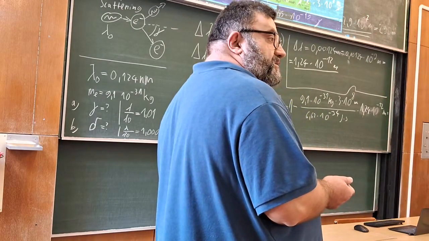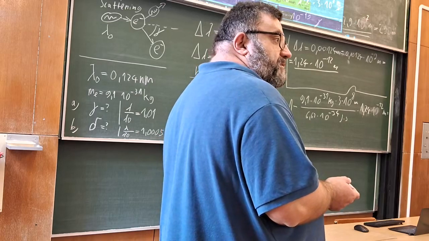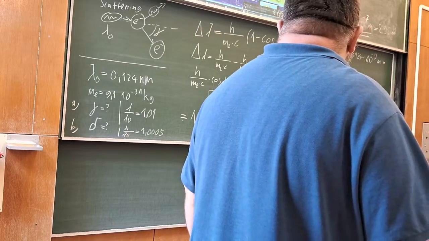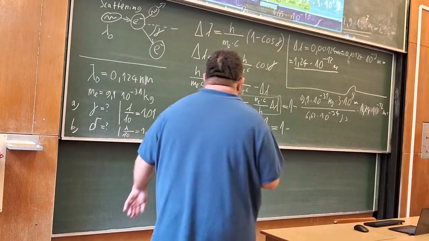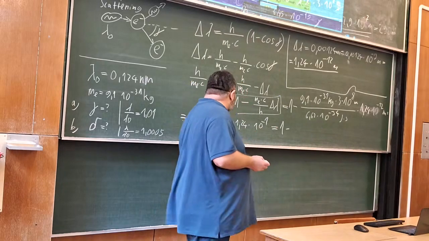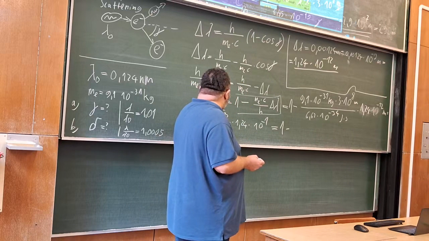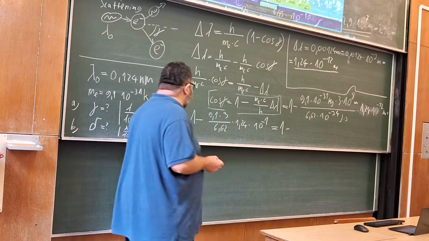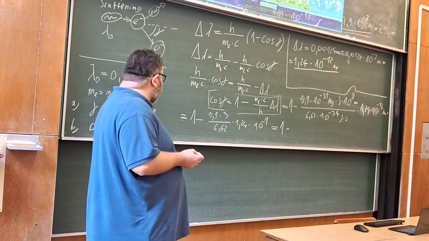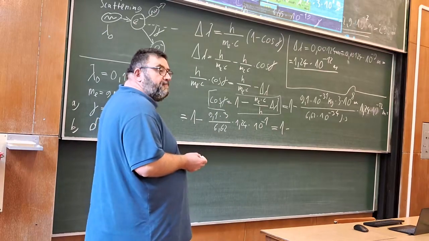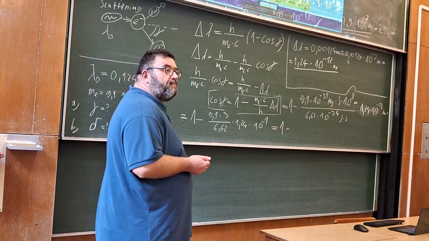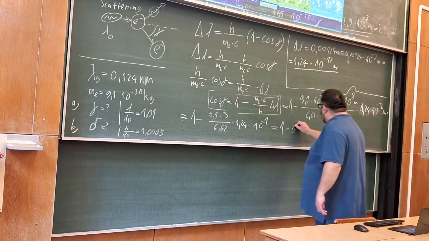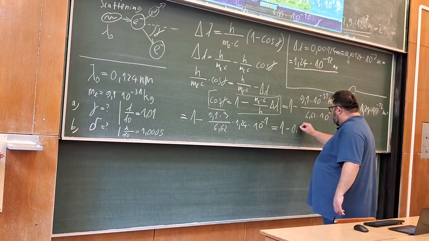So could you please tell me what is the result of this? Any of you? The power of 10. How much the power of 10? It's minus 1. Just please calculate this 9.1 times 3 per 6.62 multiplied by 1.24. Its solution is 0.5? Really?